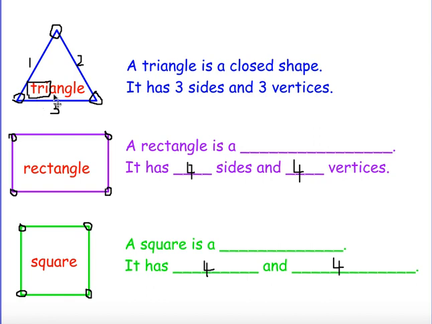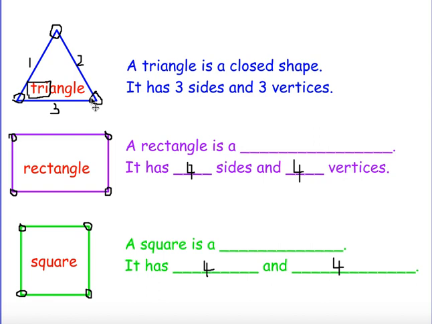And if we break triangle into 2 words, we can see tri means 3. Angle is actually what we talked about here. It's the vertices right here, right? The vertices are the pointy points, but an angle is what is formed when 2 lines meet. So a triangle actually has 3 angles.